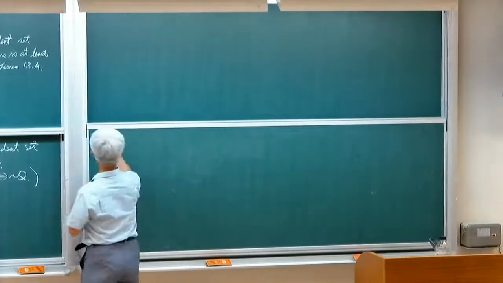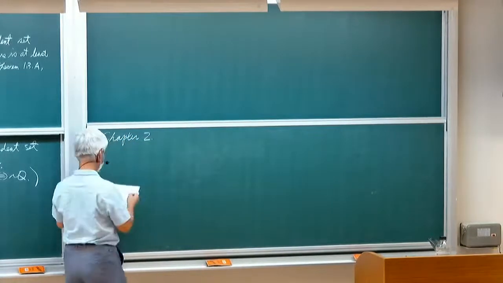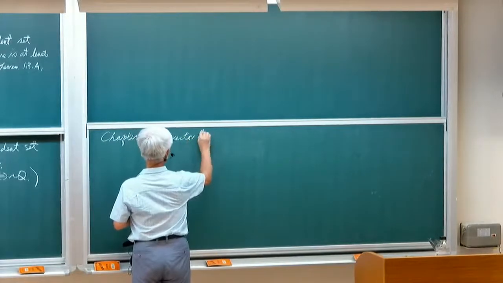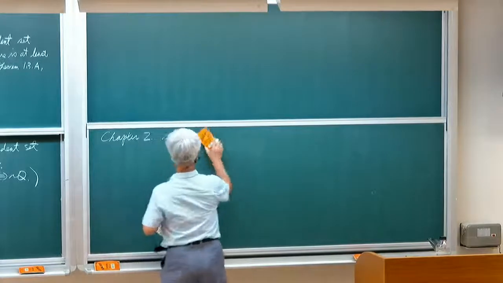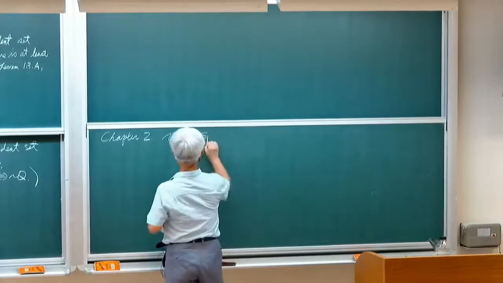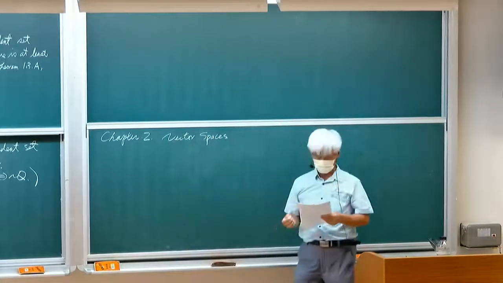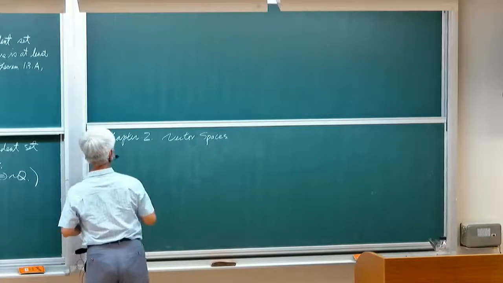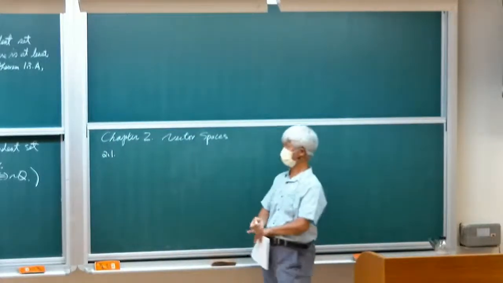Okay, so let's move to chapter 2 on vector space. Okay, so we will go from a very concrete one to a very abstract one. All right.